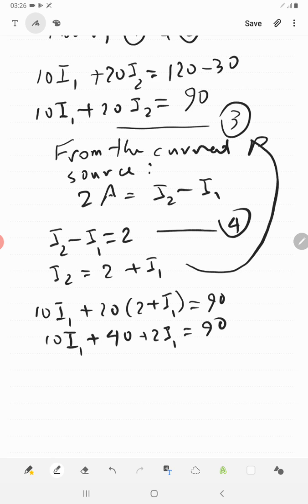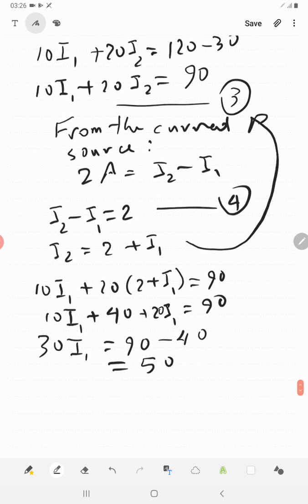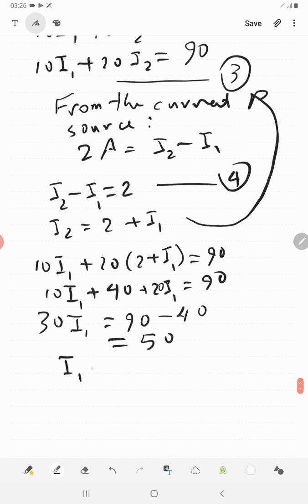Then we have 30 I1 equal 90 minus 40, so equal 50, right? So you get I1 equal 50 over 30 equal 5 over 3.